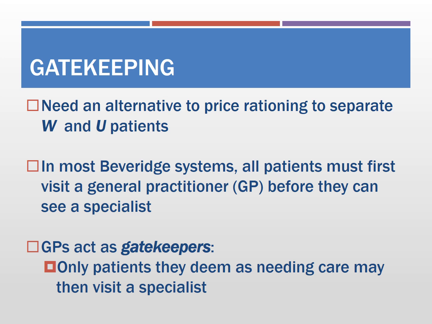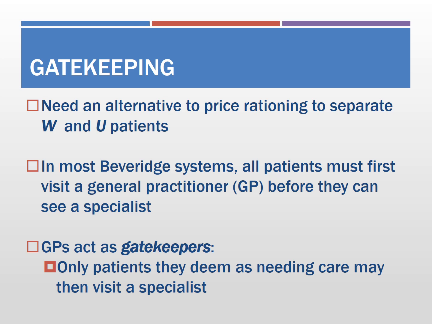In most Beveridge system countries, all patients must first visit someone we call the general practitioner, the GP, before they can get access to a specialist. The GP in this case is what we call the gatekeeper. The gatekeeper is the third agent in the system, providing professional advice for patients to see specialists in the healthcare market.